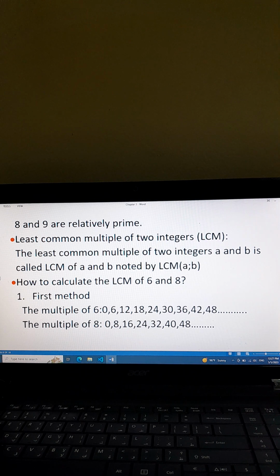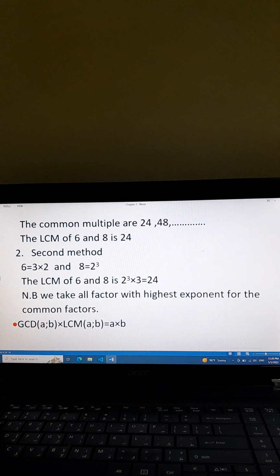The multiples of 8 are 0, 8, 16, 24, 32, 40, 48. The common multiples are 24, 48, but the least common multiple of 6 and 8 is 24.